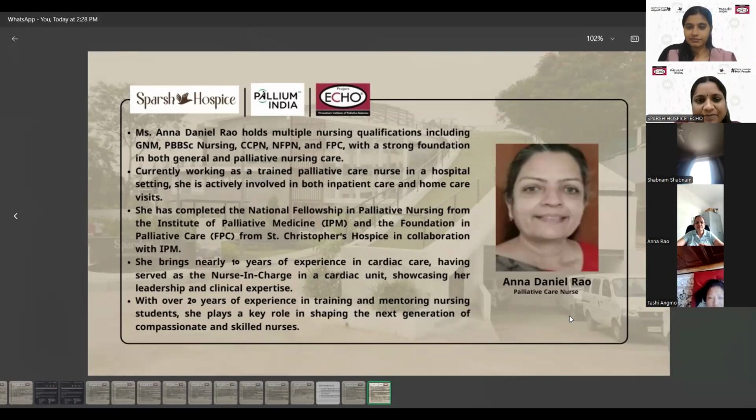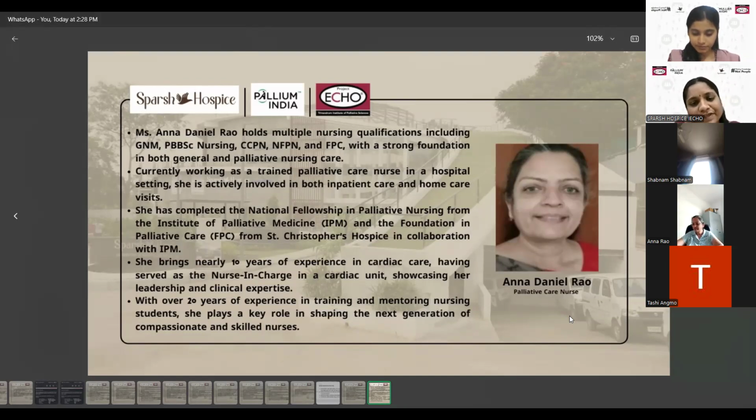She has also completed the NFPN from IPM, and she brings nearly 10 years of experience in cardiac care, having served as the nursing in charge in the cardiac unit, showcasing her leadership and clinical expertise, and 20 years of experience in training and mentoring nursing students. She plays a key role in shaping the next generation of compassionate and skilled nurses.